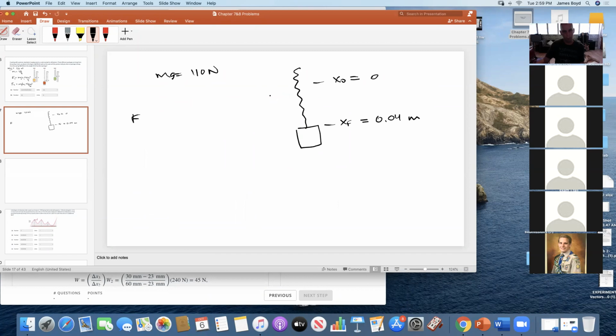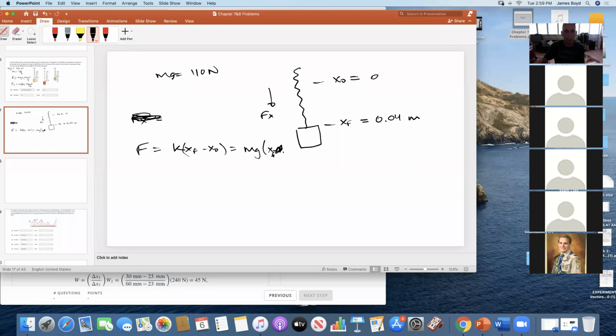So the spring force down, F of x, has to equal this. Actually, I shouldn't say that. F is k times x final minus x initial, and that has to be equal to mg.